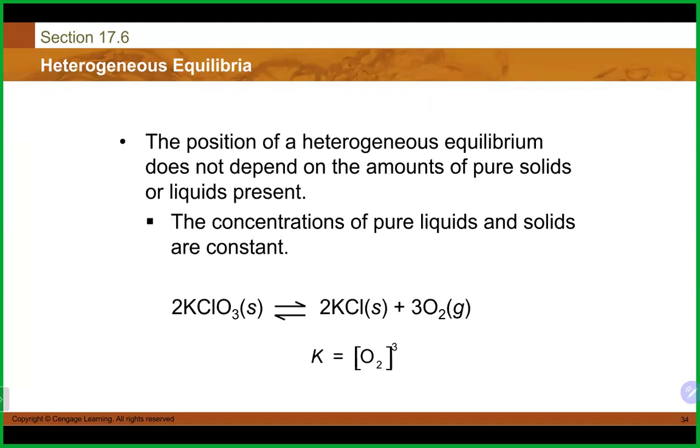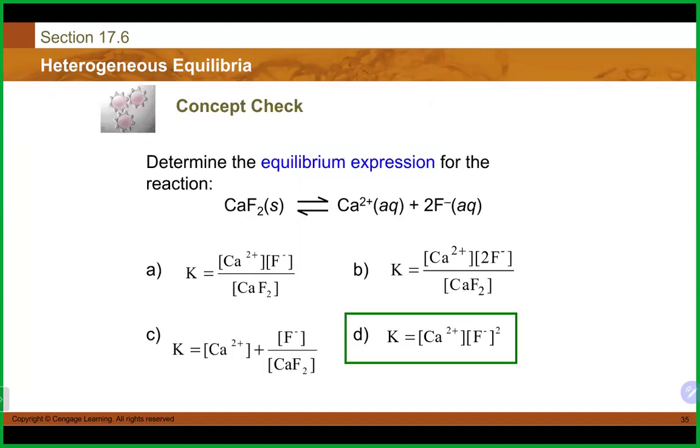As we just talked about, in a heterogeneous equilibrium, which just means that we have everybody in different states, we will not include solids or liquids. If we look at this, calcium fluoride, which is a solid, will break apart into calcium ion and fluoride ions.